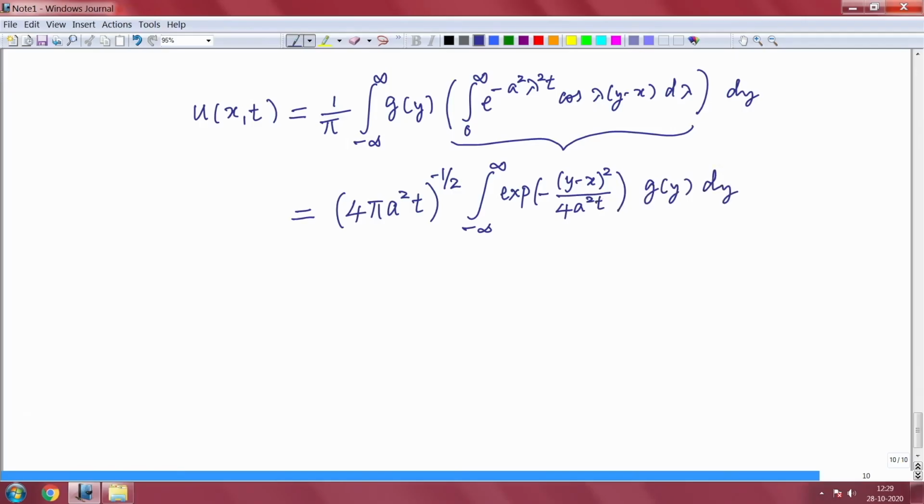And you recognize this multiplied by this is precisely the fundamental solution of the heat equation. So, this is just k of x minus y, t, g y, dy.